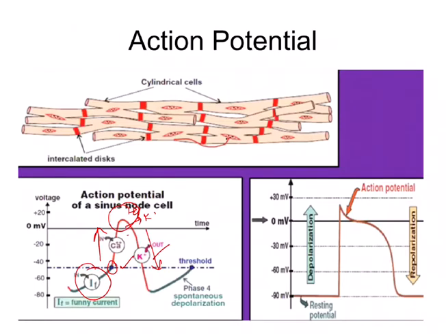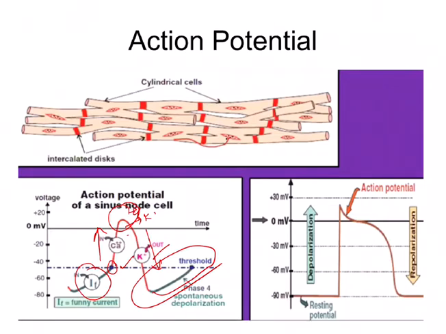Again, when it reaches minus 65 to minus 70 or 80, then phase 4 occurs, and further the funny current flows and spontaneous depolarization occurs. So this is how the action potential is seen in the SA node cells.